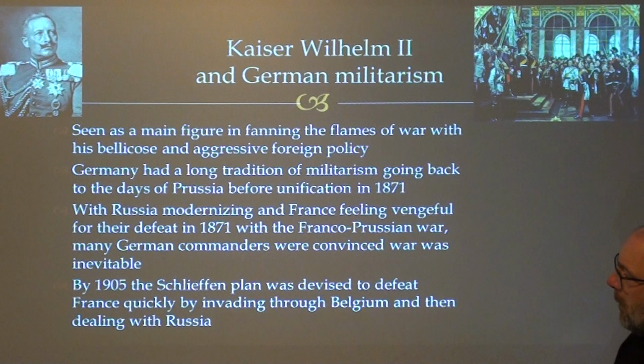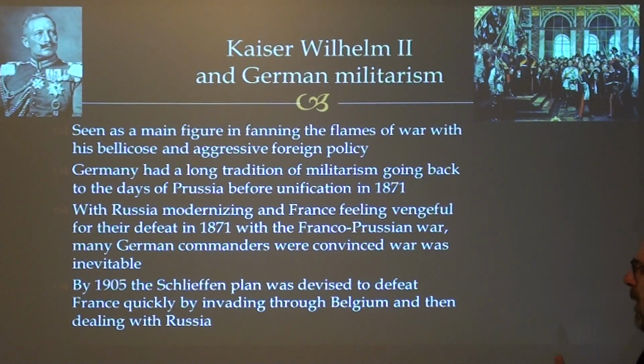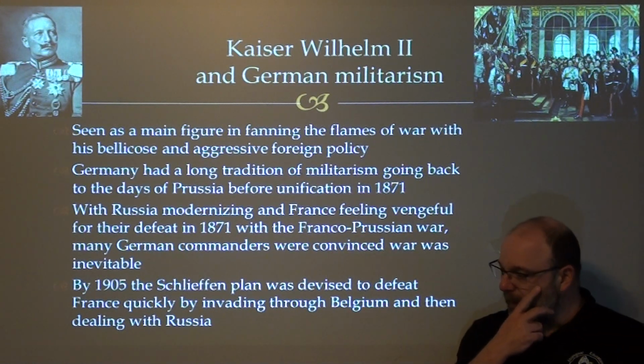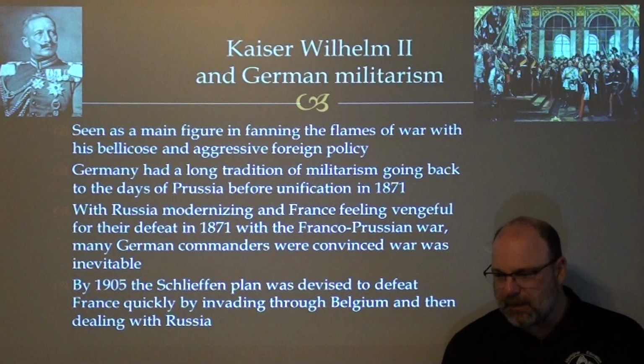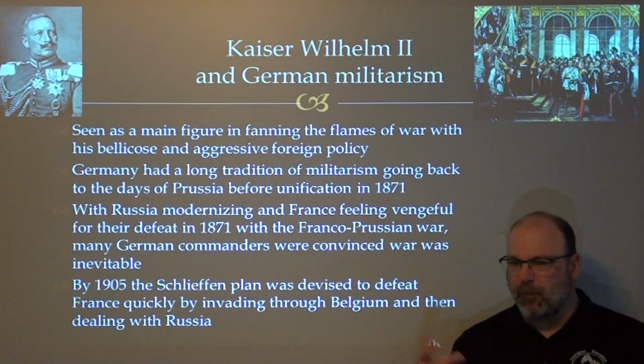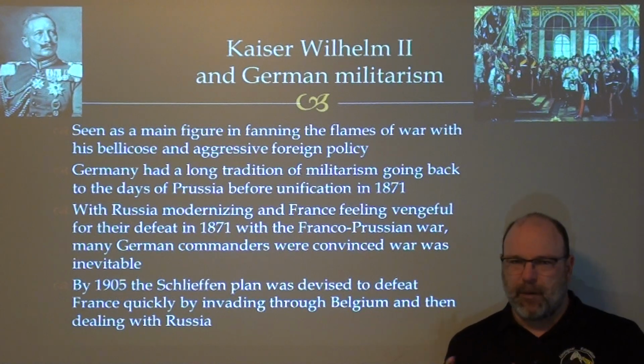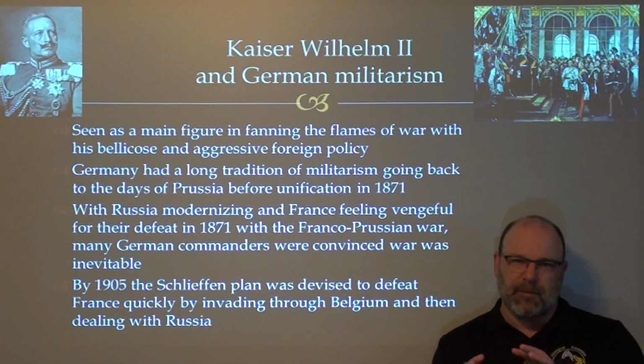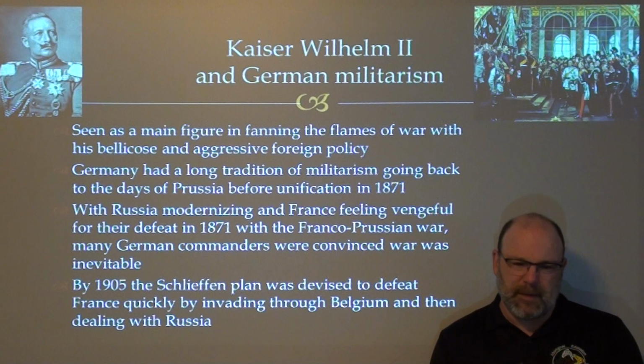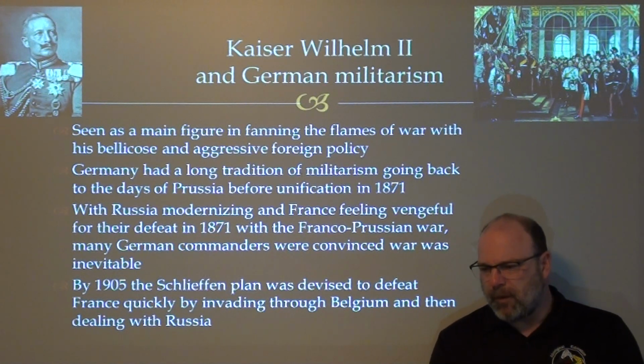So, by 1905, the Schlieffen Plan was devised to defeat France quickly by invading through Belgium and then dealing with Russia. The one thing that Bismarck did while he had alliances with Austria-Hungary and Russia and Germany, he was always trying to isolate France, because I don't think France would have been interested in having some kind of friendship pact with Germany.